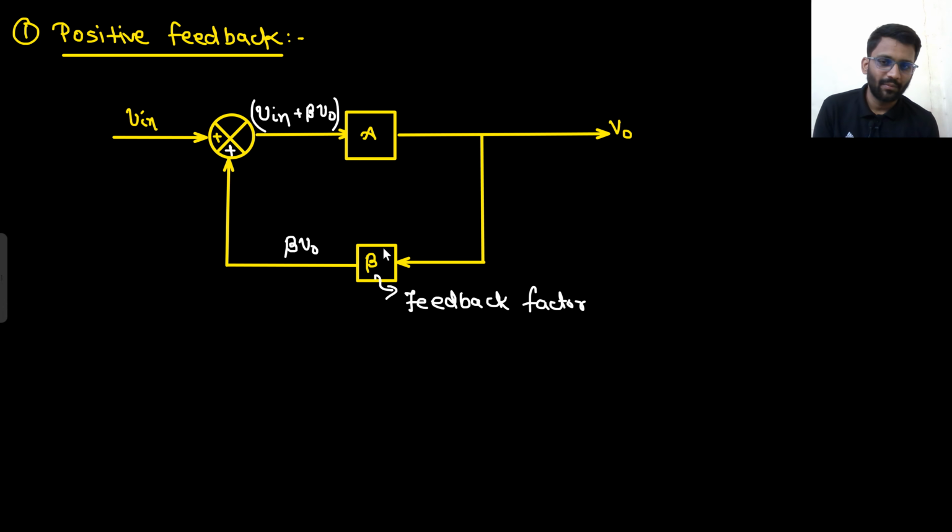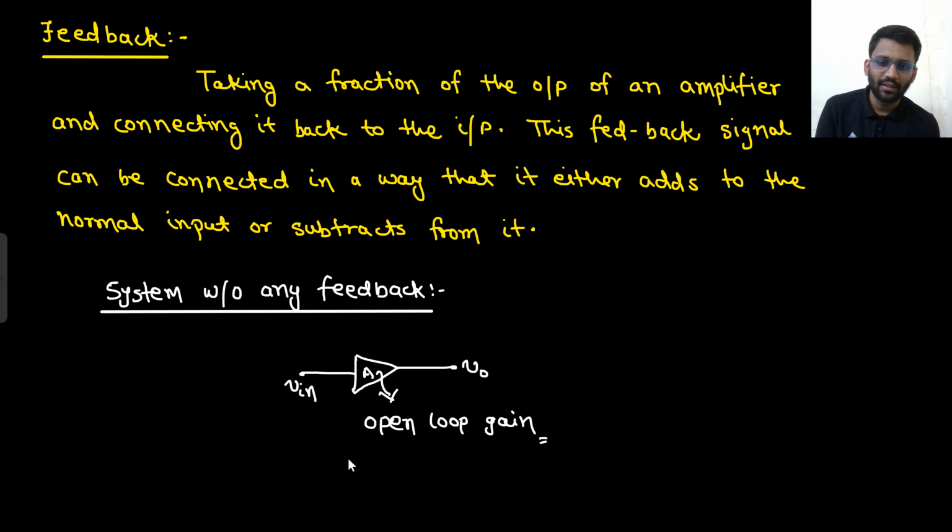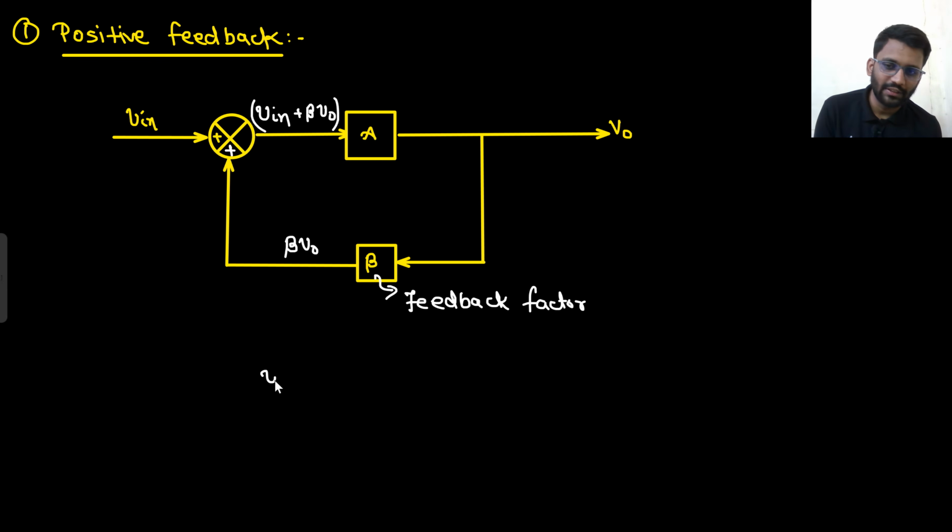From V naught, beta factor is being multiplied, beta V naught, V in plus beta V naught, that is being multiplied with A and you are receiving your final output. Here, previously your V naught was simply equal to A into V. But here, your V naught is A into V in plus beta V naught. So now it would be V naught minus A beta V naught equals A V in.